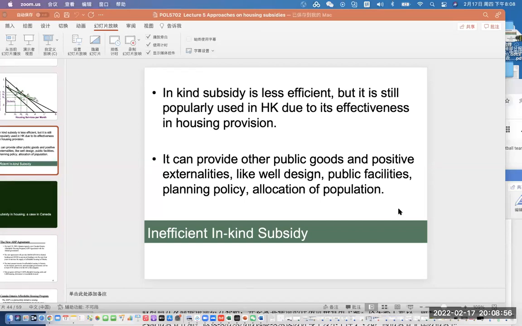Hello, Professor. Yeah, I'm here. I can't answer it in the microeconomic way, but in my experience, I think that in-cash subsidy is more efficient than in-kind subsidy.